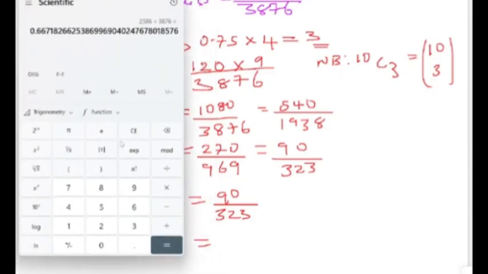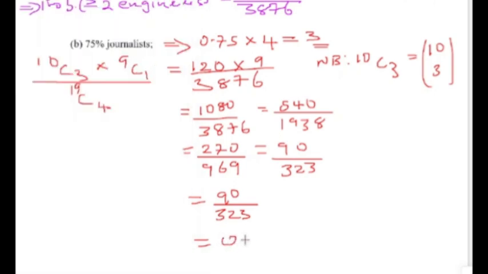If it's correct, we should have the same answer. 90 divided by 323 gives us 0.28 approximately. Then the original thing was 1080 divided by 3876. Okay, so it's correct.